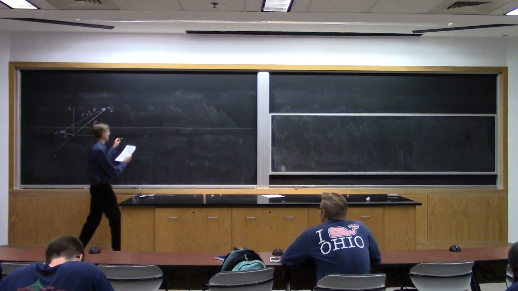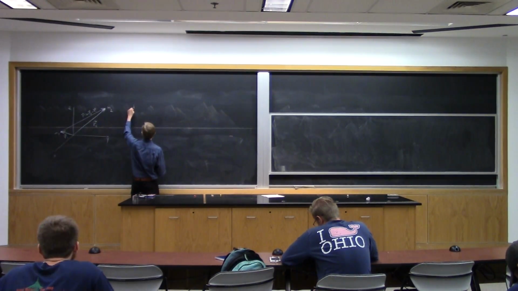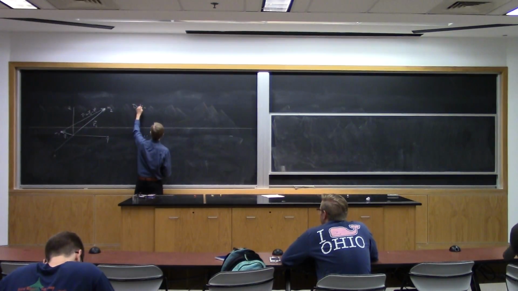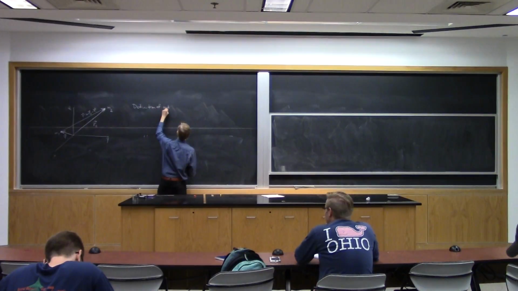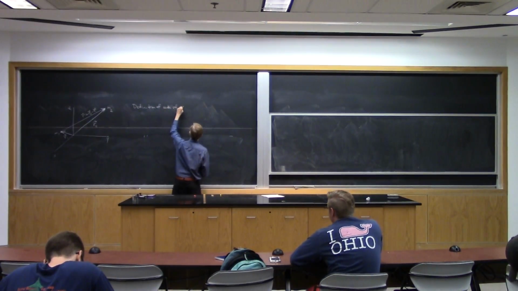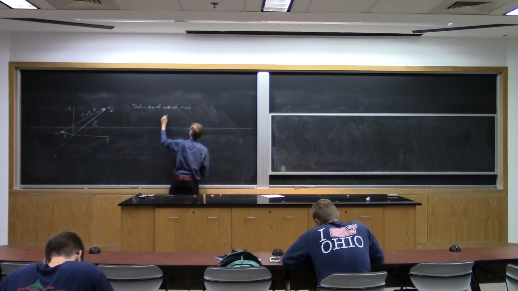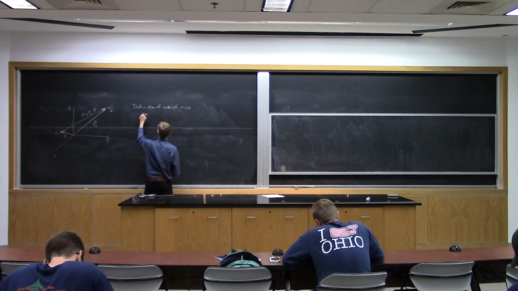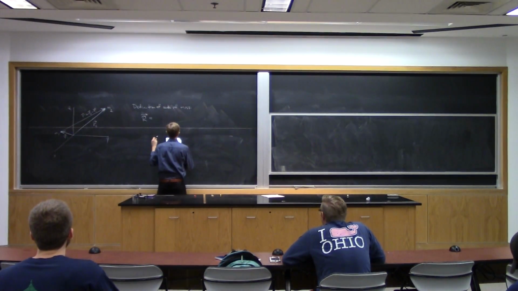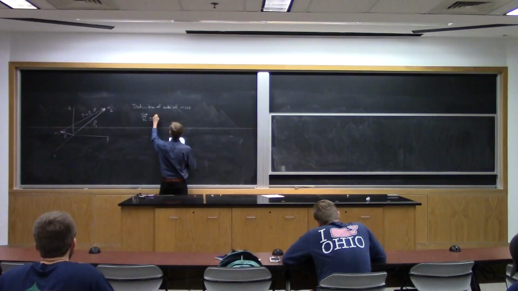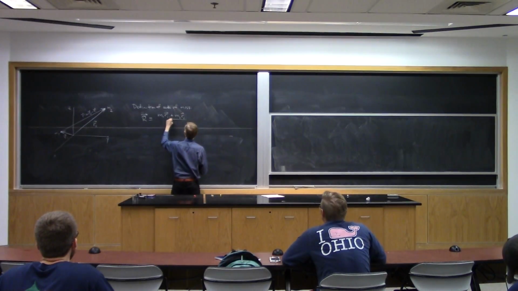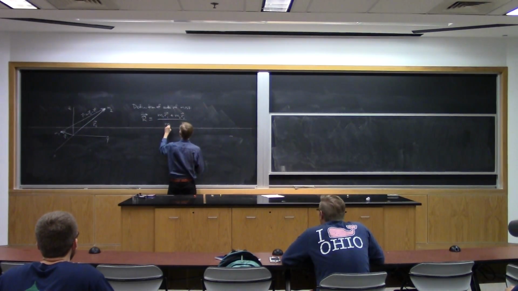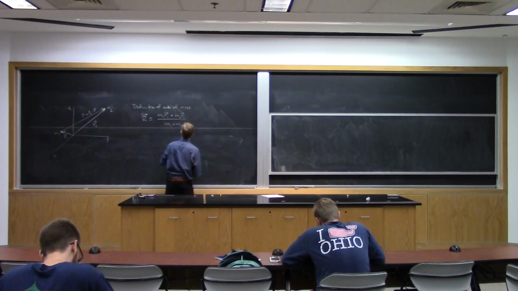And remember that the definition of the center of mass for our two-body system, we'll call it R, is equal to, by definition, M1 times R1 plus M2 times R2 divided by the total mass, M1 plus M2.